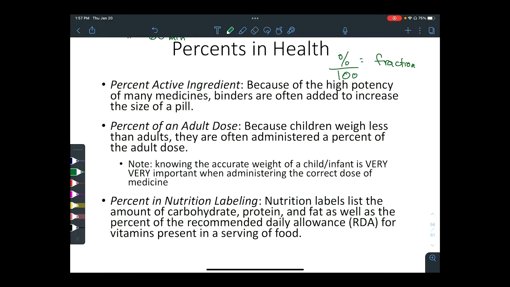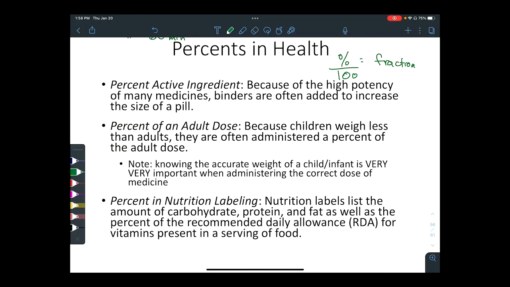But if you are giving some type of medicine or drug to a child or a toddler or a baby, can they vocalize if there's interactions or they're experiencing too many side effects? No, they can't. So correct dosing for children is very, very important.